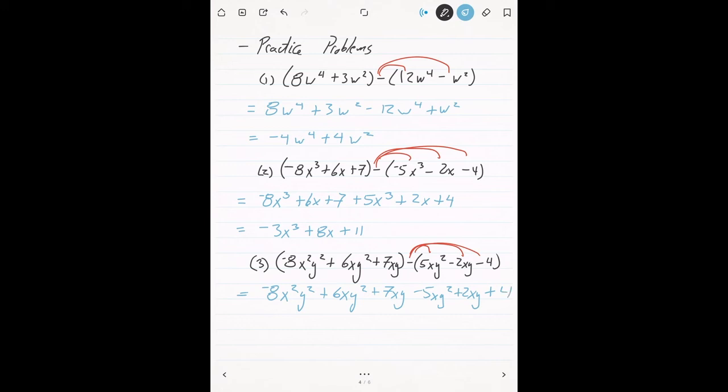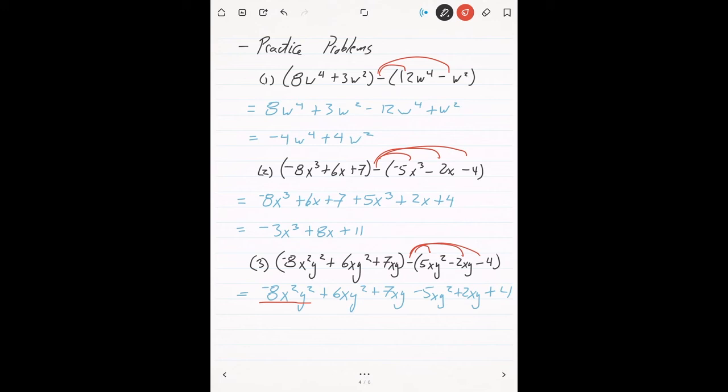When you get to multivariable polynomials, this is where people tend to make the most mistakes in combining the like terms. It's helpful to identify what they are, maybe to underline them or to circle them. So let's take a look here. Are there any like terms with 8x squared y squared?